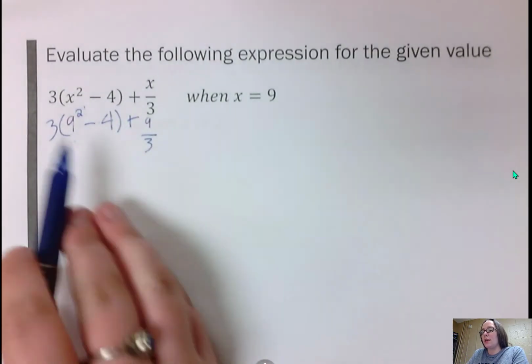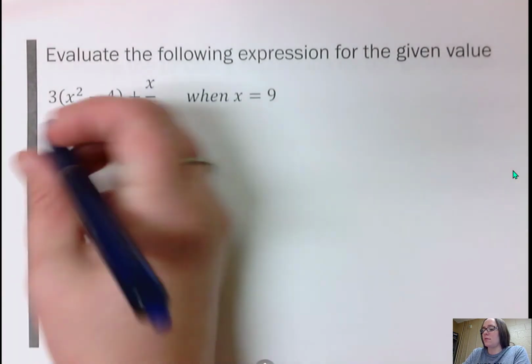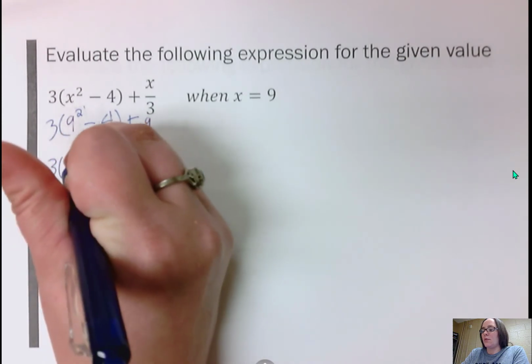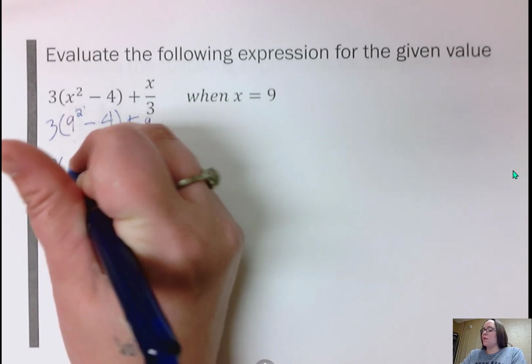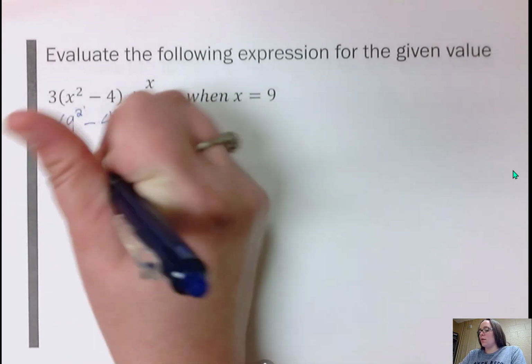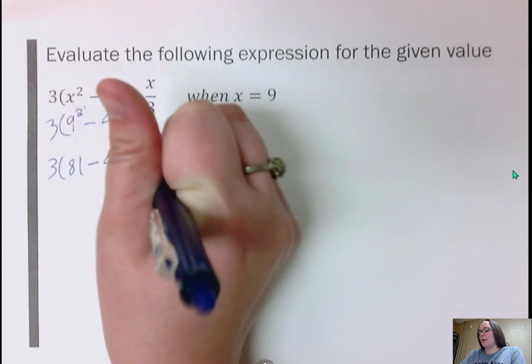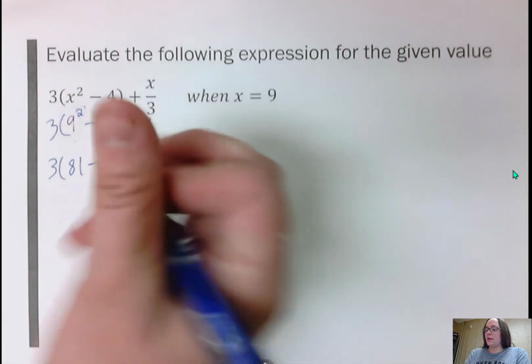Working inside my grouping symbols, I have this 9 squared. So 9 squared is 81. I still have that minus 4 plus 9 divided by 3. 81 minus 4 is 77.